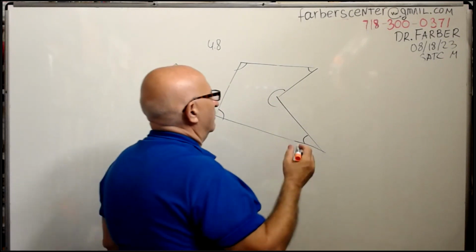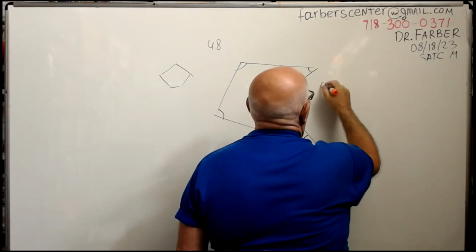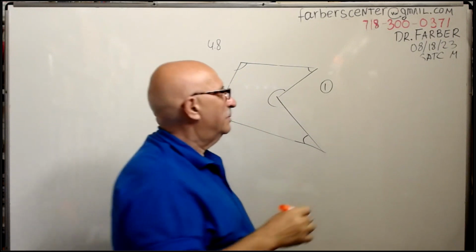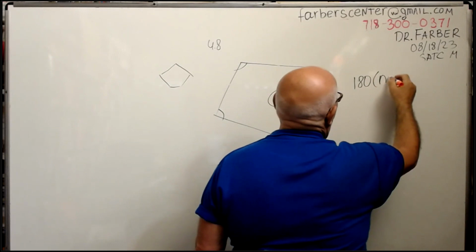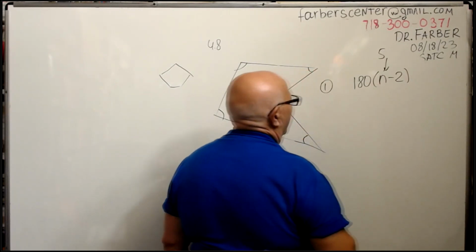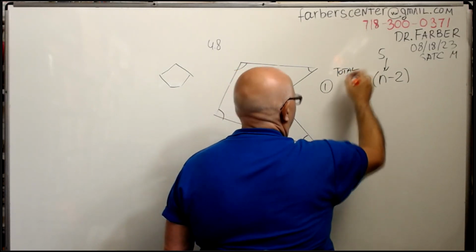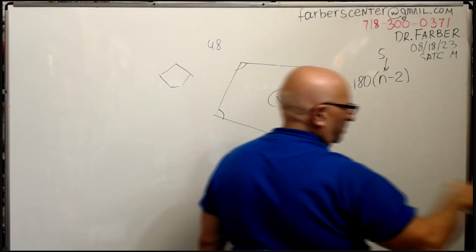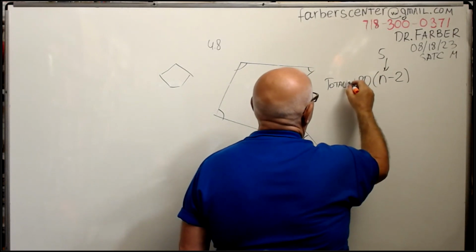I know of one way. The total of inner angles of any polygon, chapter 13, I gave you to review, is 180 times n minus 2, where n equals 5. This is the total. Let me make a little bit more room. Total angles.